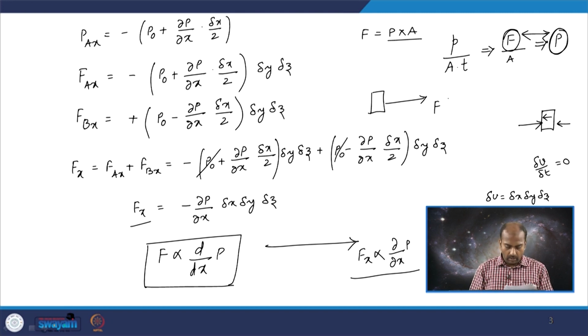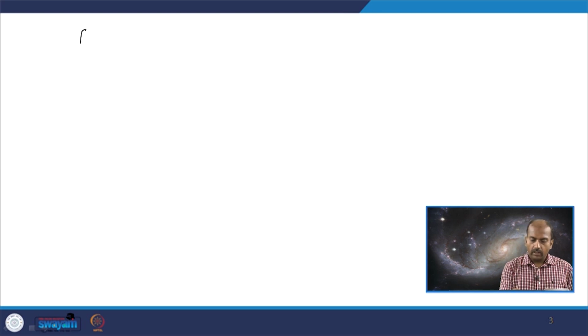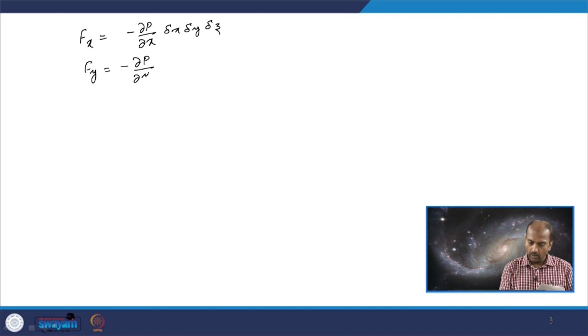Now, the same approach we can follow for the y and z axes. We have already written Fx as minus ∂p/∂x into Δx Δy Δz. Similarly, Fy is minus ∂p/∂y Δx Δy Δz, and Fz is minus ∂p/∂z Δx Δy Δz.